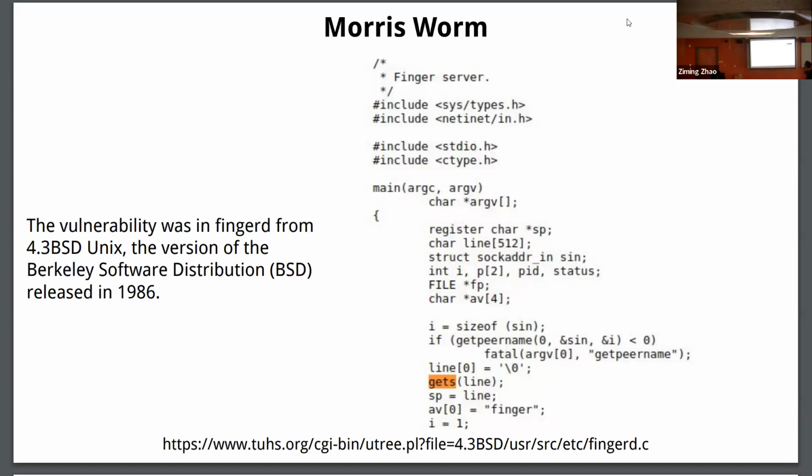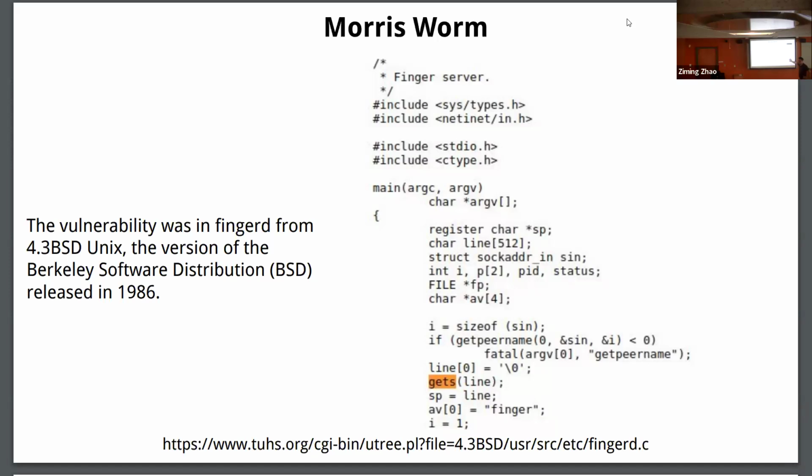As you can see, this program uses gets. That's a vulnerability, right? The same as the vulnerability you have been exploiting in this class. This gets will lead to the overwriting of those local variables and the return address of the main function. Because of that, the exploit can run arbitrary code.